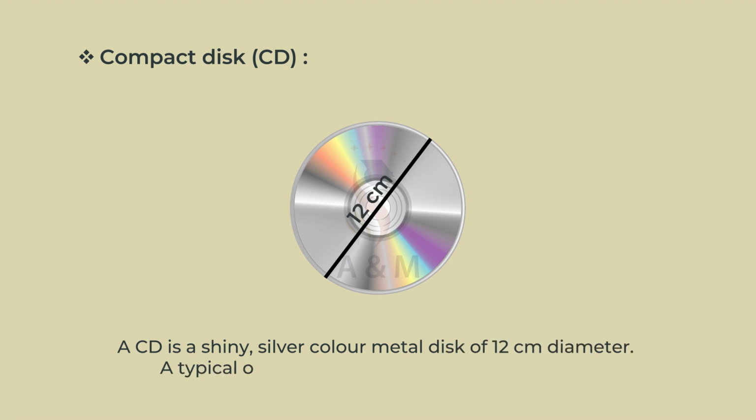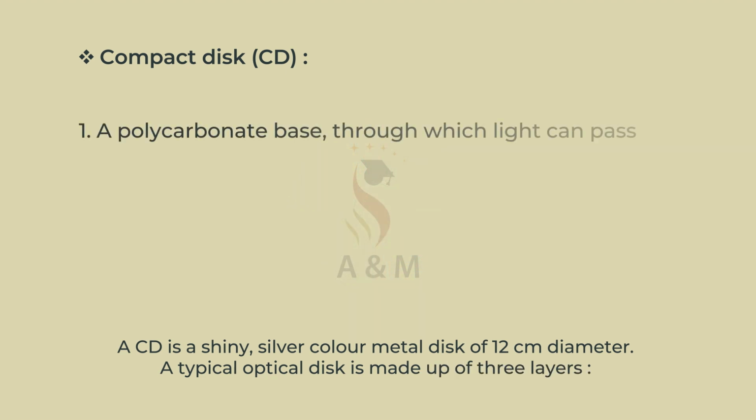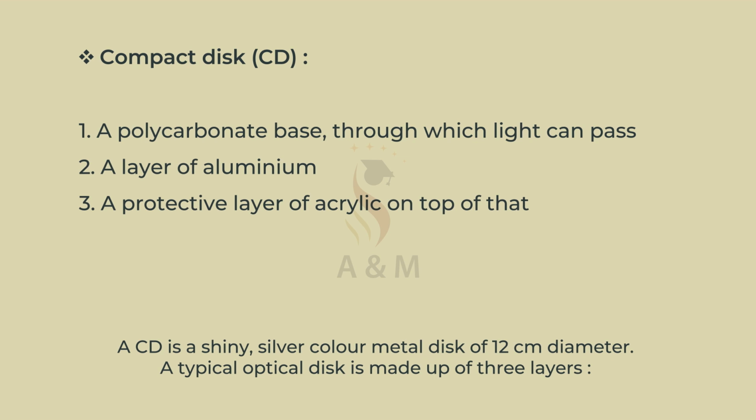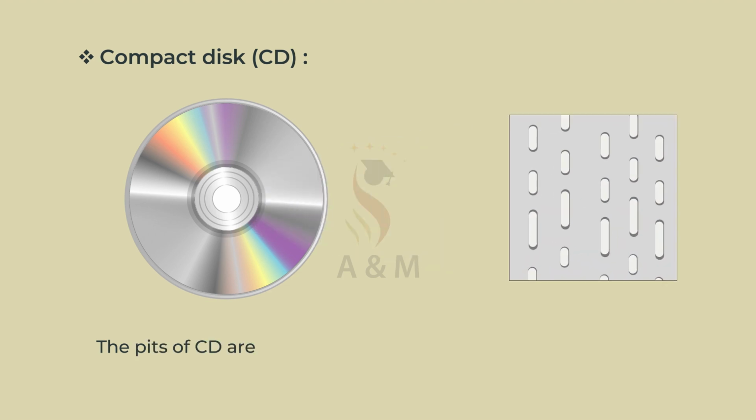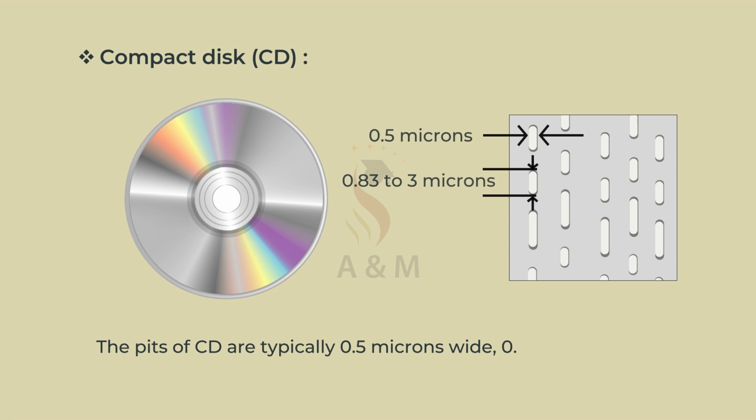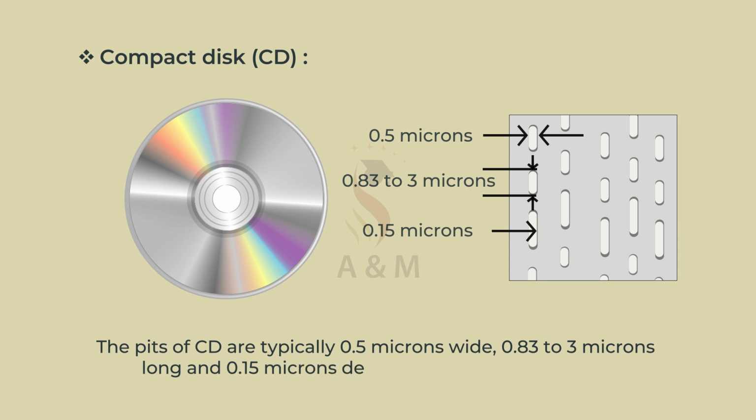A typical optical disc is made up of three layers: a polycarbonate base through which light can pass, a layer of aluminium, and a protective layer of acrylic on top of that. The pits of CD are typically 0.5 microns wide, 0.83 to 3 microns long, and 0.15 microns deep.